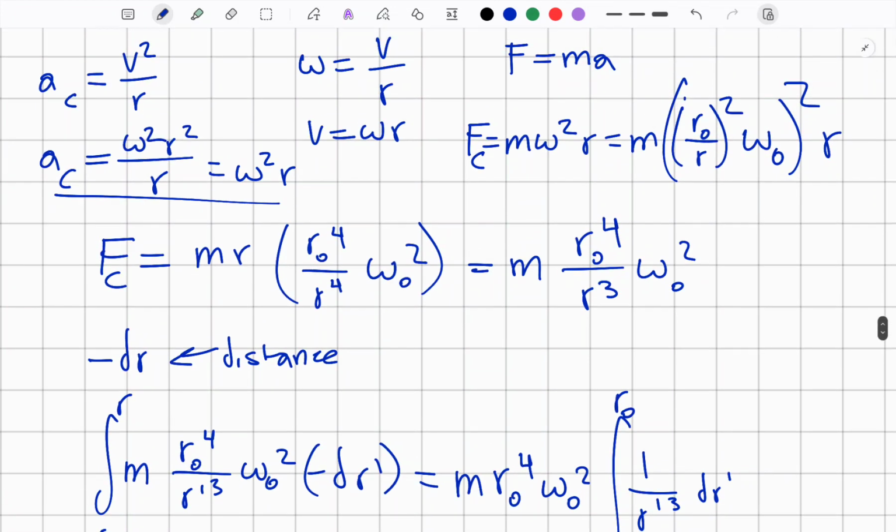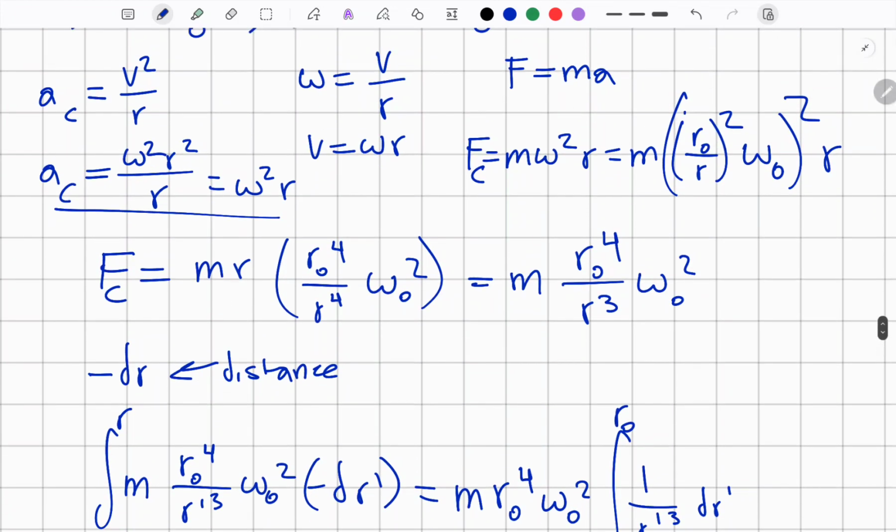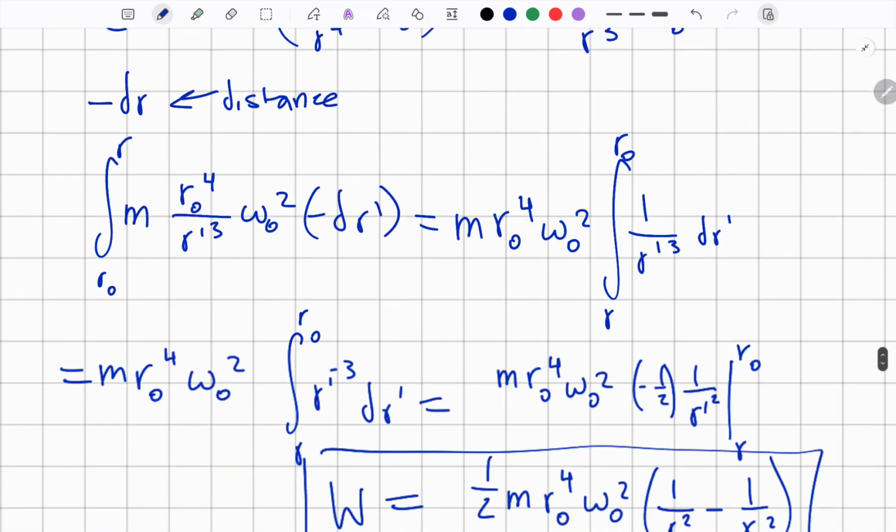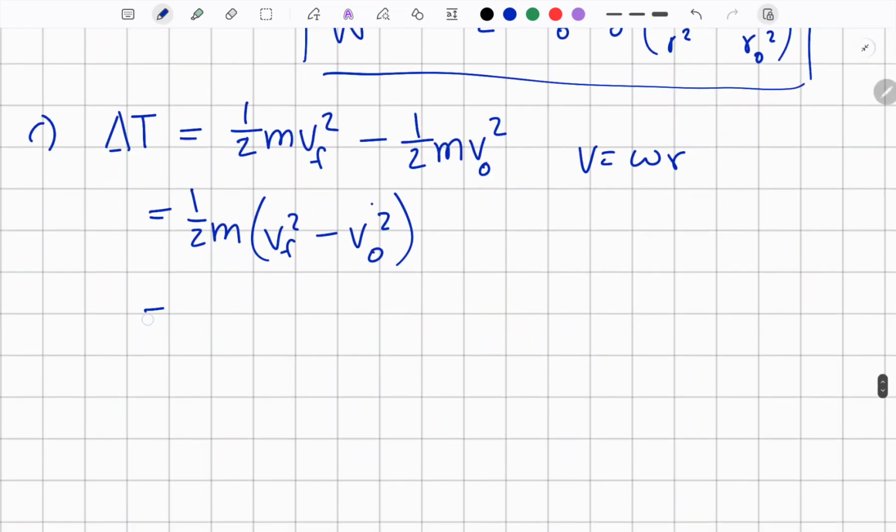So for our final velocity, we're going to use v is omega r, the final omega, and for our initial, we're going to use omega naught. So we will have omega squared r squared minus omega naught squared r naught squared in our parentheses there times 1/2 m.